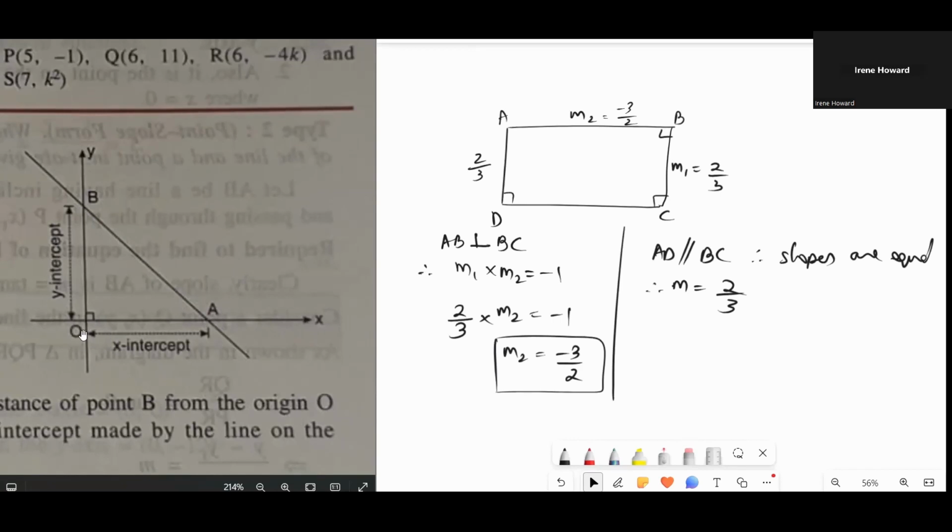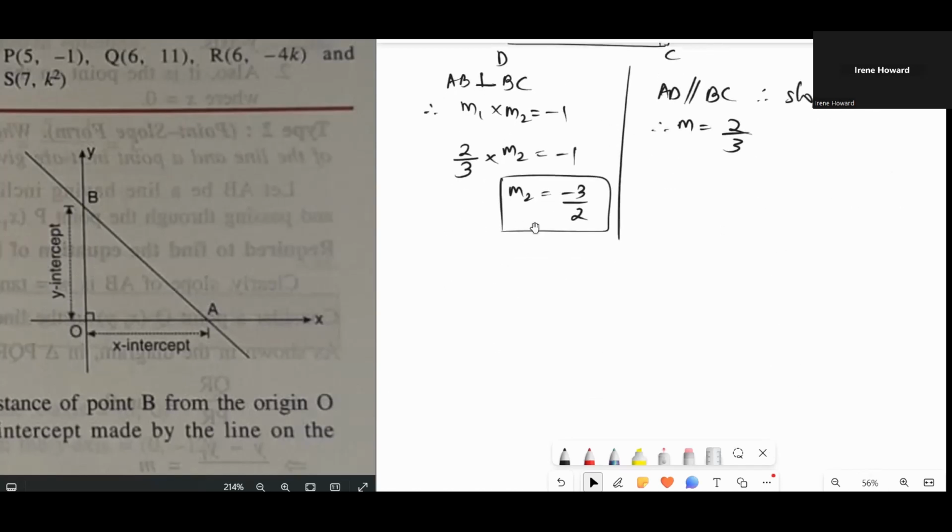Now this distance from the origin to the point where it touches the x-axis is called the x-intercept. And this distance from the origin to the point where the line cuts the y-axis is called the y-intercept. Now, suppose the x-intercept is 4.